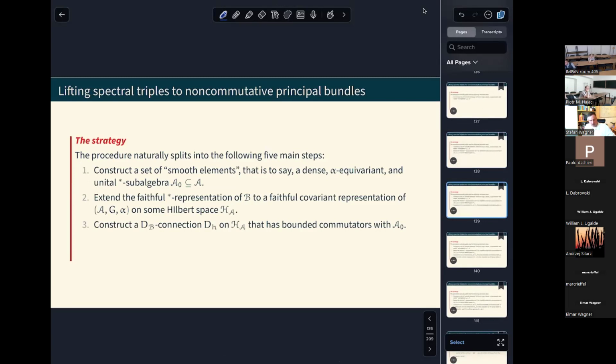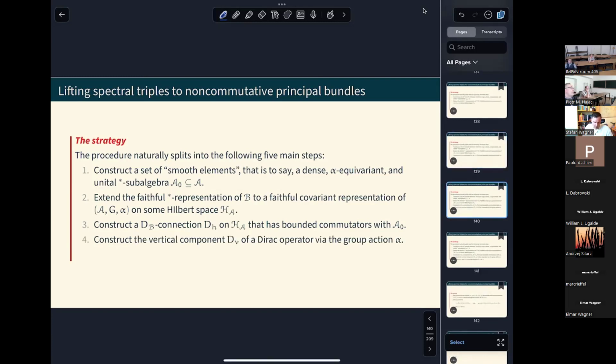Then you would like to construct, and I'll call that a DB connection, a horizontal Dirac operator, or Dirac type operator, that has bounded commutators with A0. And then you would also like to construct a vertical component of a Dirac operator via the group action. And once you have all this, you just need to assemble the horizontal part and the vertical part.